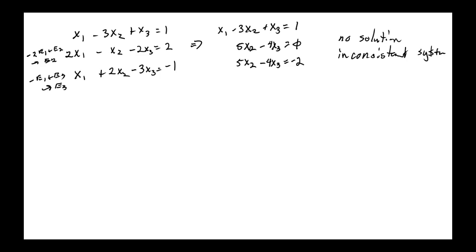Okay, let's do another one. I think I will erase. I was going to try to do it on the last part of the slide, but just in case things get a little hairy, let's do it. X sub 2 minus x sub 3 is equal to 0.